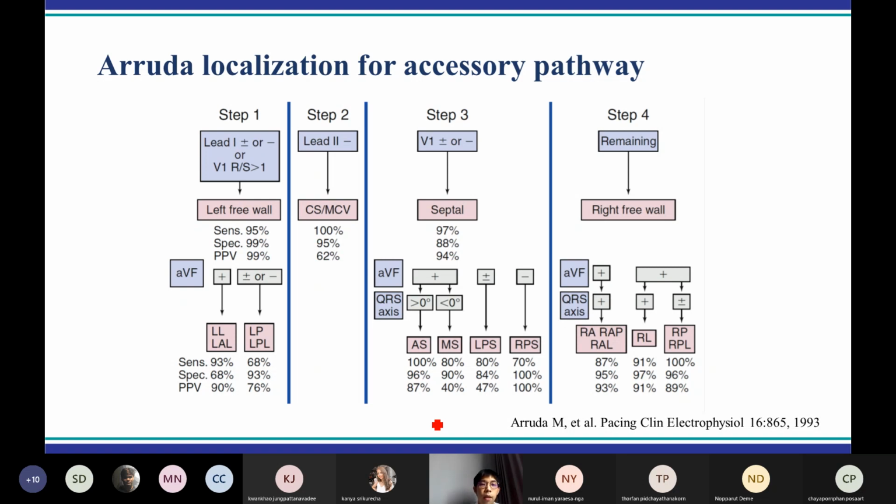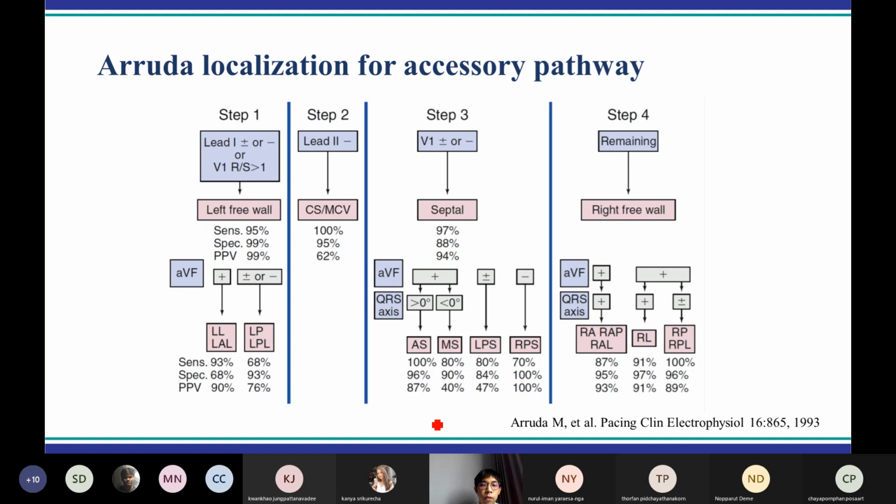After we identify that it is a left free wall accessory pathway, we go to see the delta wave in the aVF lead. If it is positive, it should be a left lateral or left anterolateral bypass tract.